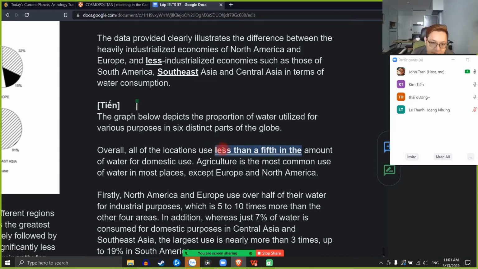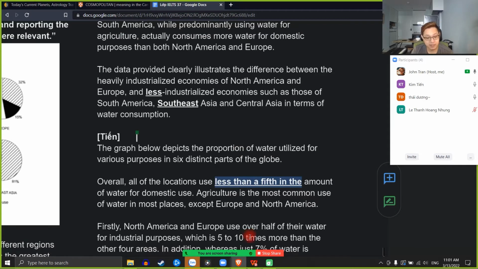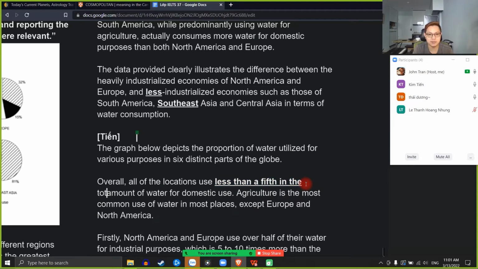Này, tất cả các vị trí sử dụng ít hơn 1/5, tức là 20% đó, trong cái lượng nước dành cho domestic use. All the locations use less than a fifth, I mean 20%, in the amount of water for domestic use. So I think it's better to say in the total amount of water. Có phần hết mình ghi là trong tổng số lượng nước đi.